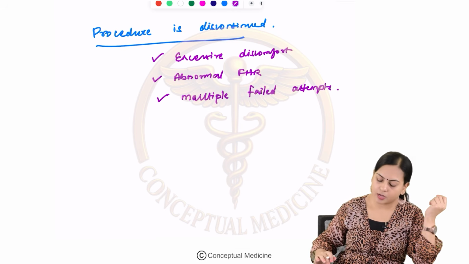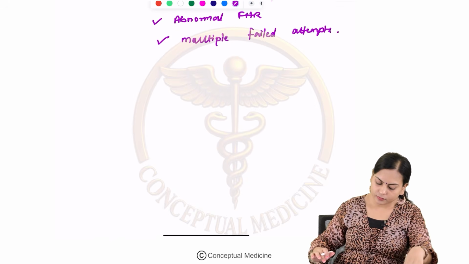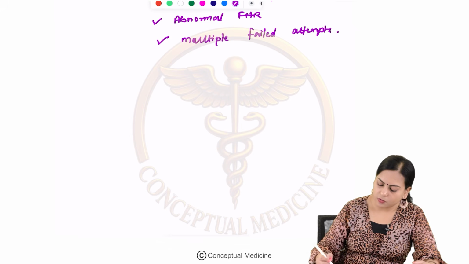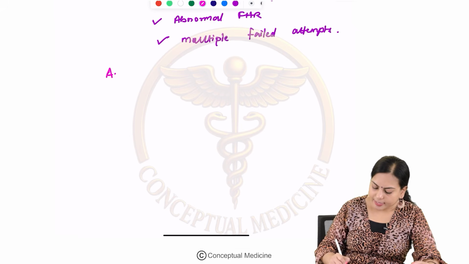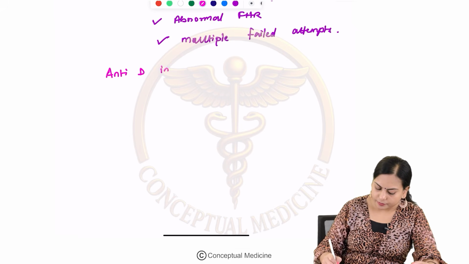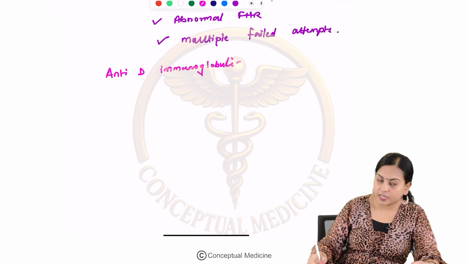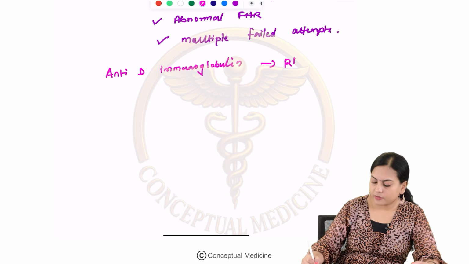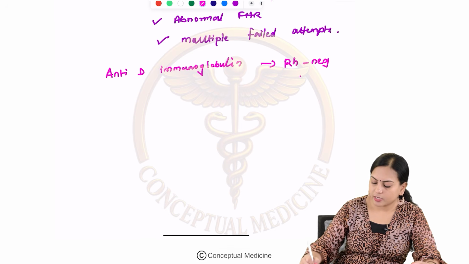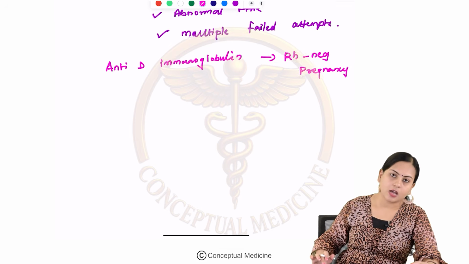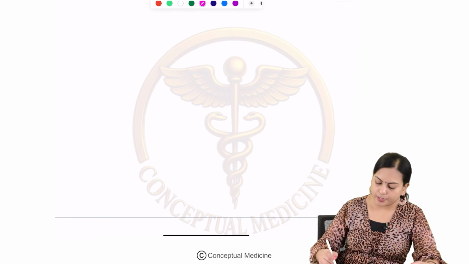Clear? Then you have to know that anti-D immunoglobulin is to be given if this is an Rh negative pregnancy. So, this is an indication for giving anti-D immunoglobulin.